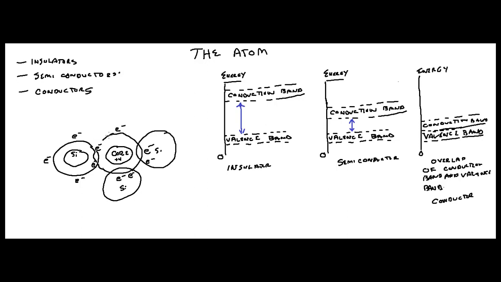And guess what? You're going to have one up here. Here's your silicon. It's going to share another electron here. And of course, all of these have their other electrons out here. And the same here.